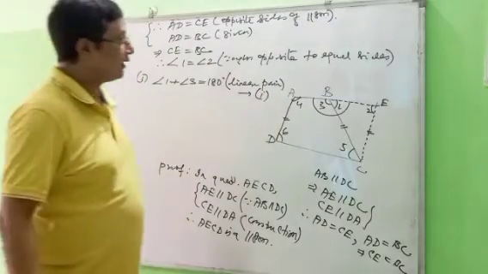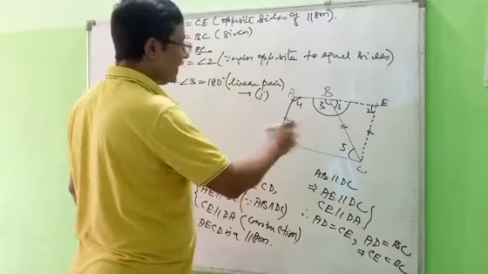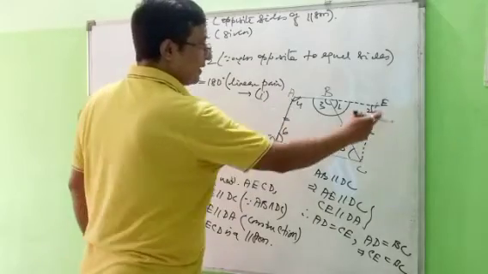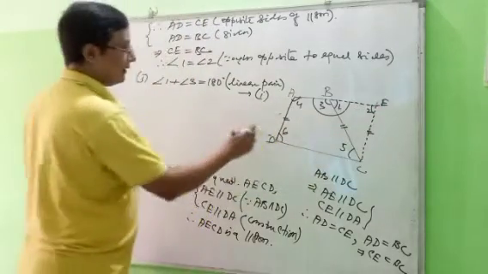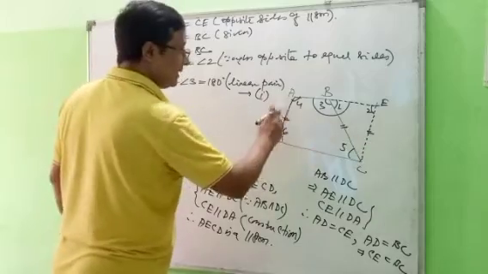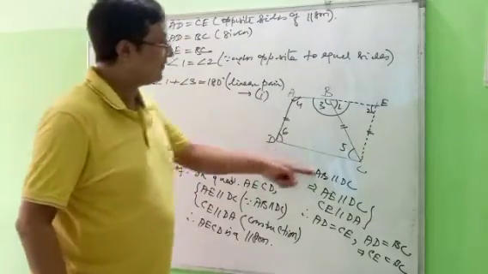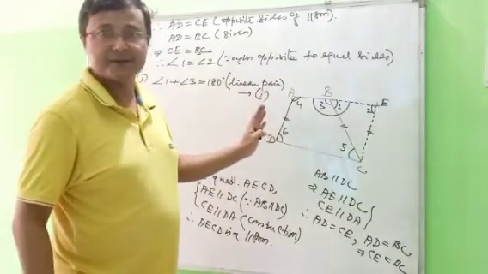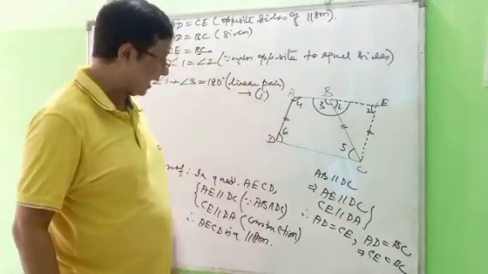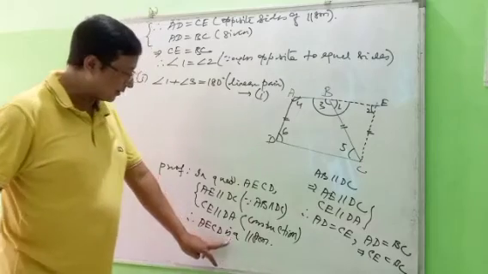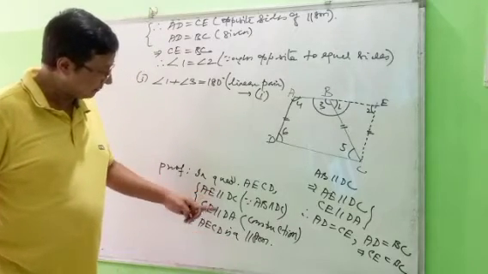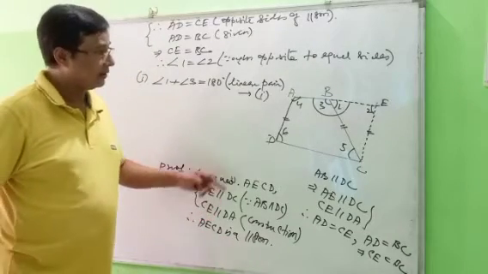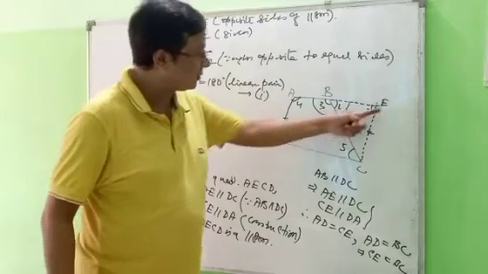Next, AD is parallel to EC, because this given figure has become a parallelogram. That is why opposite pairs of sides are equal as well as parallel. How has that become a parallelogram? Because both pairs of opposite sides are parallel. So AD is parallel to CE.